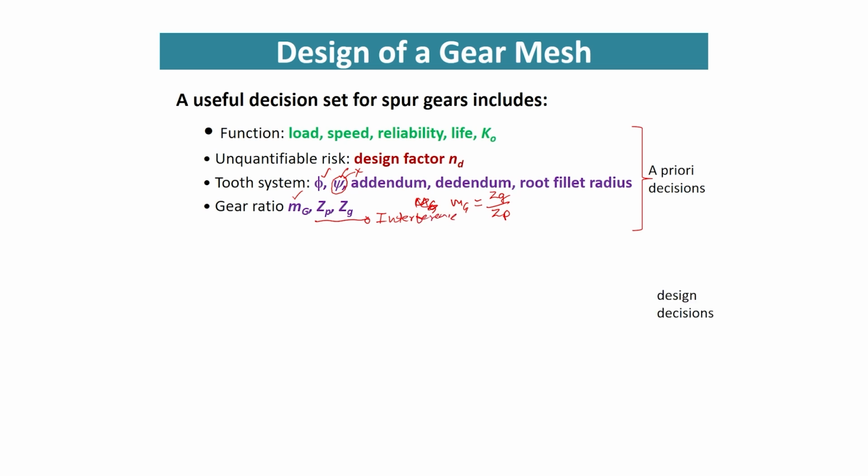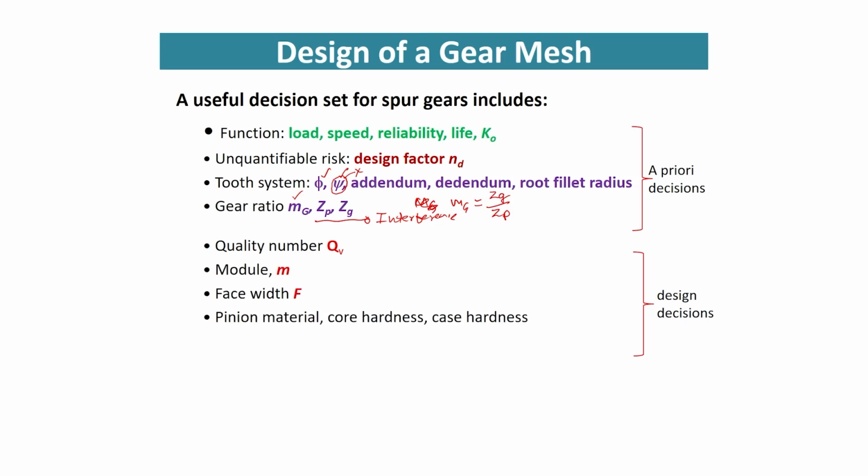Then based on these a priori decisions, we take the decisions which are the quality number of the gear and pinion, then the module, then the face width, pinion material with its core hardness and case hardness.